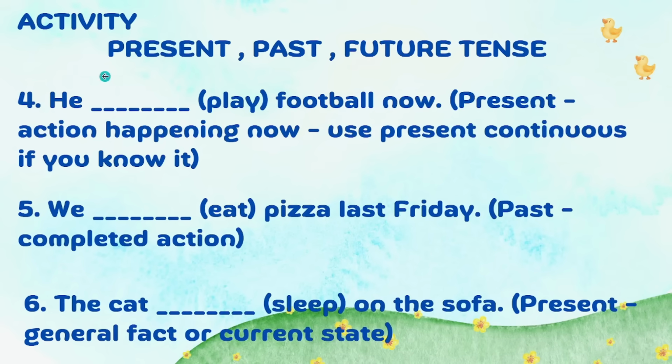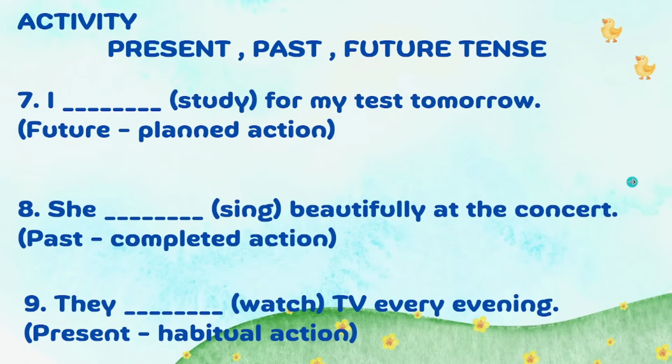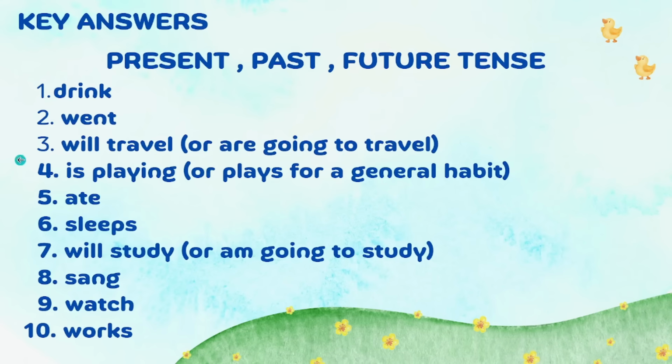Okay. He, it's present action happening now. So, use present continuous if you know it. So, when we say present continuous, what are we going to use? We will add ing here. Okay? For present action, he, what? For number 4, let's take a look. Alright.